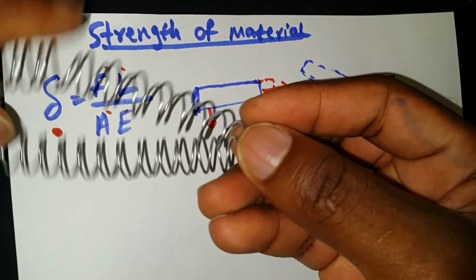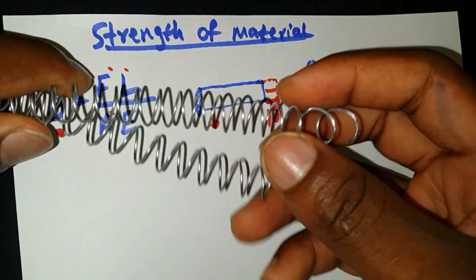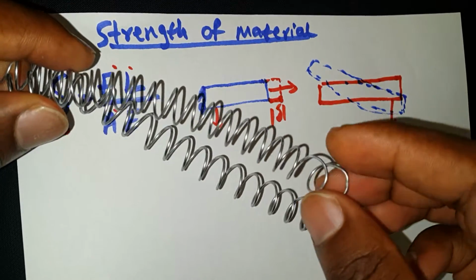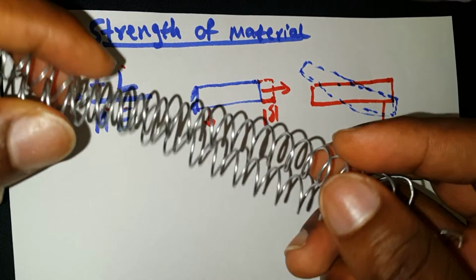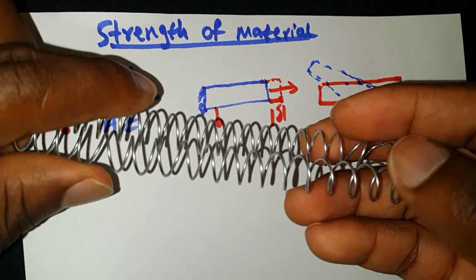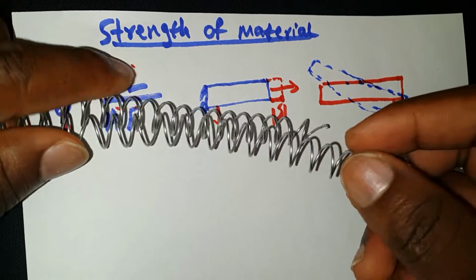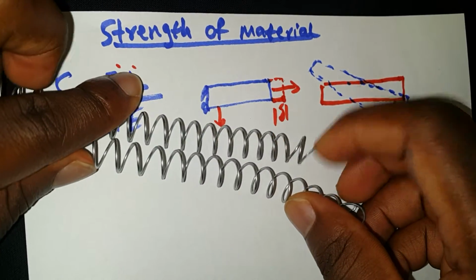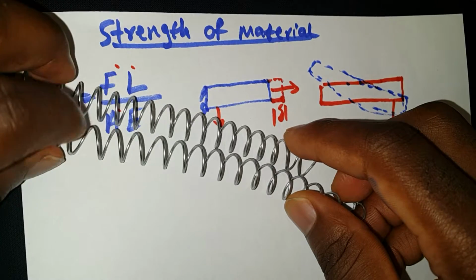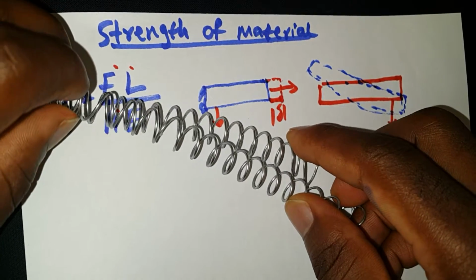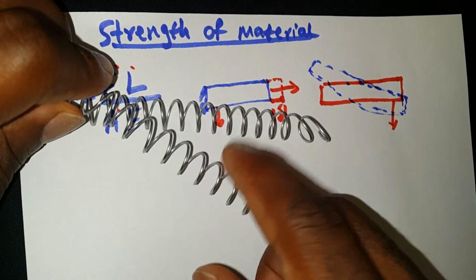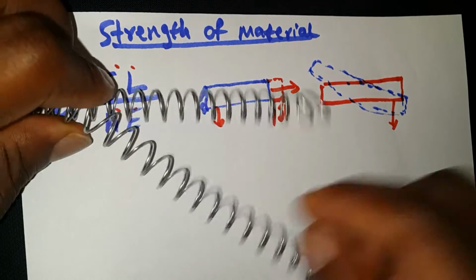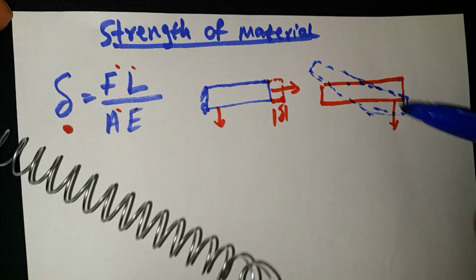So look at it now. Practically, if I'm applying a force like this, you will find out that the more you apply force here, this is not a very good example when it comes to this part.